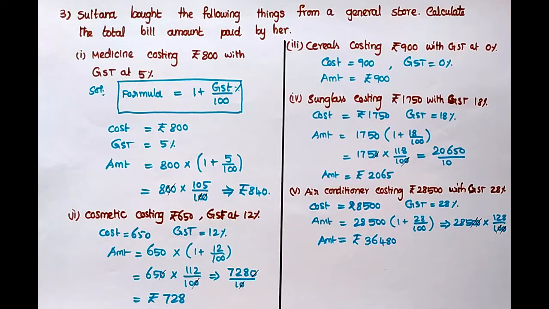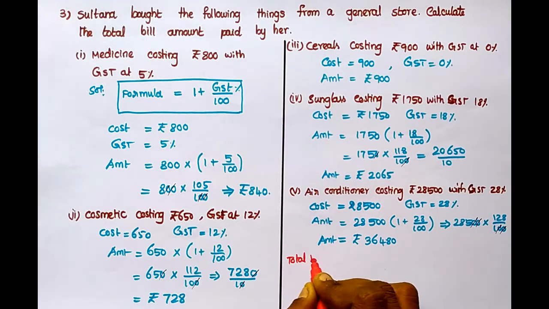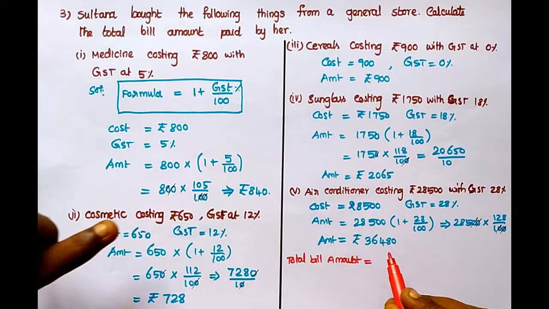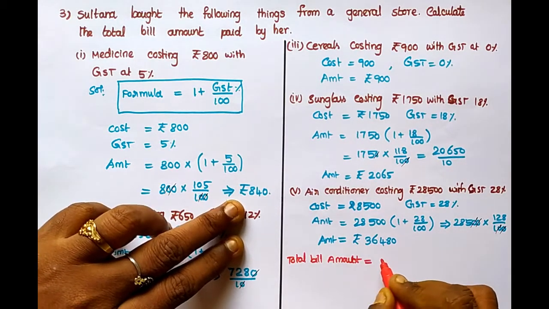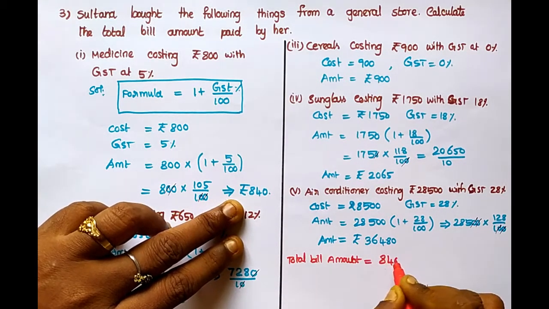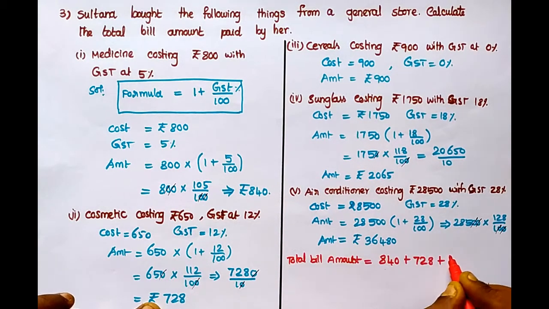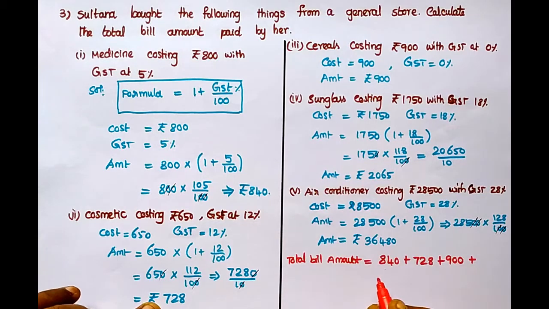Now we want to find out the total bill amount. Add this: cost 840 plus 728 plus 900 plus 2065 plus 36,480.